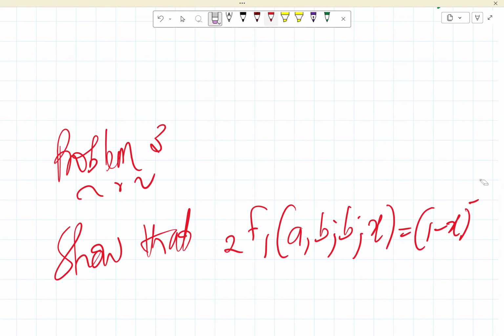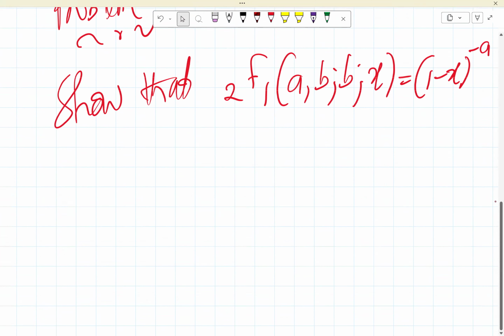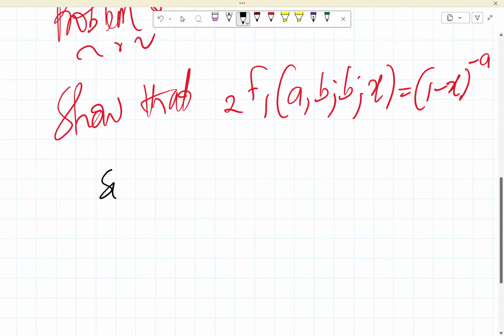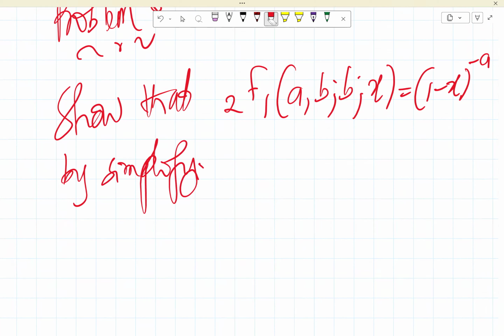That's what we are required to show. Okay, so the solution, by simplifying the series solution.